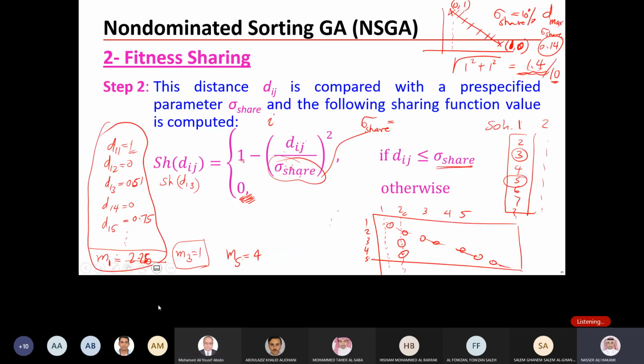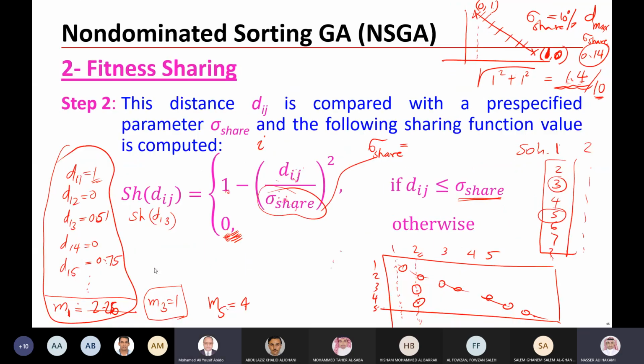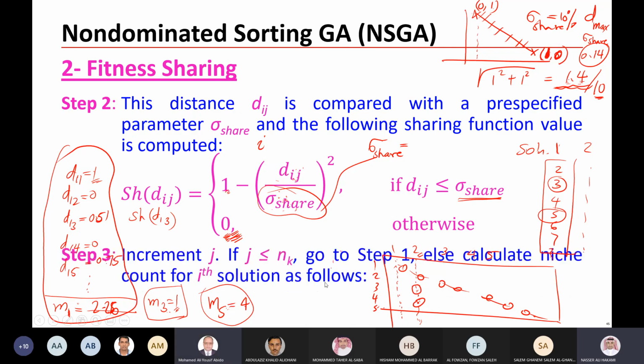So this is more crowded than this one, and when sharing is 1, there is no other solution in the neighborhood. And whatever is below the sigma, I can also put in my cluster in this area. Okay, clear. Thank you, Doctor.